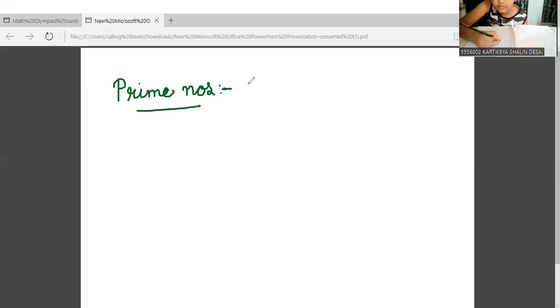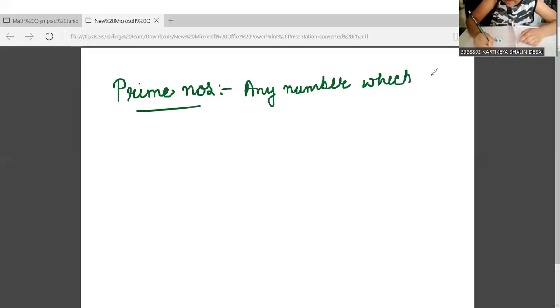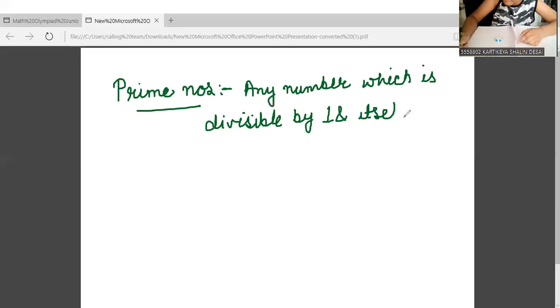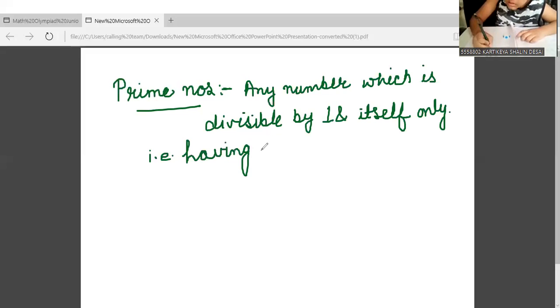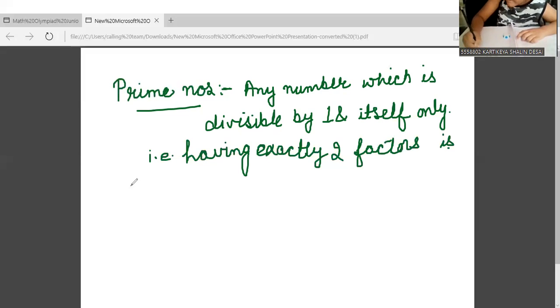Or we can say, write with me, any number which is divisible by 1 and itself only, having exactly two factors, is called a prime number.